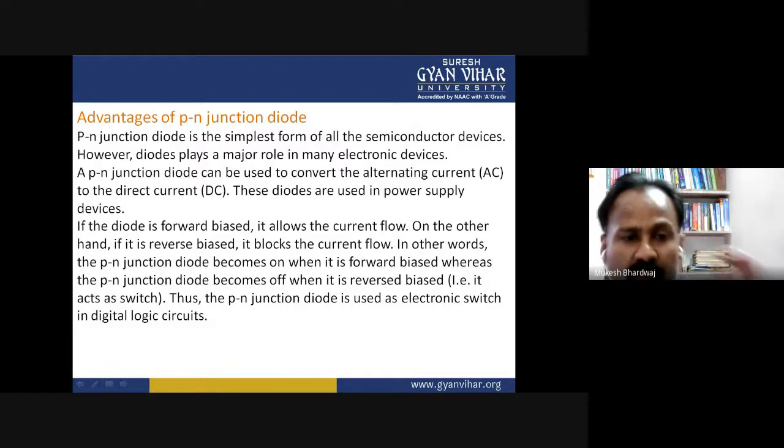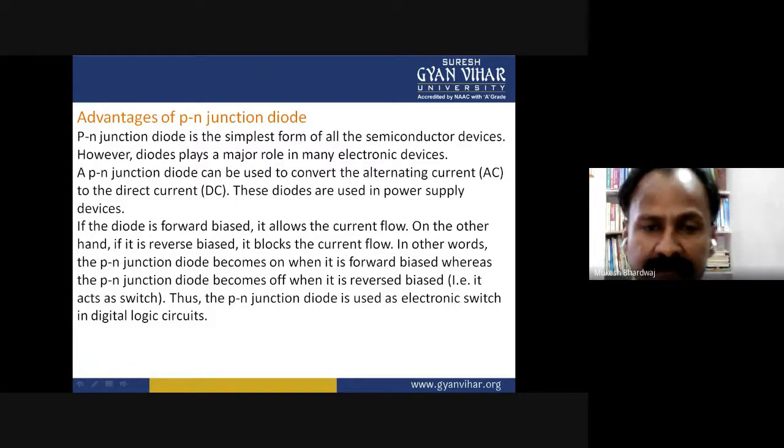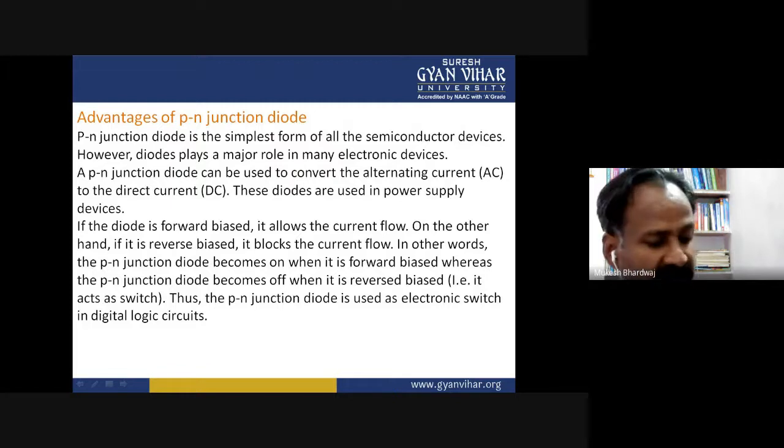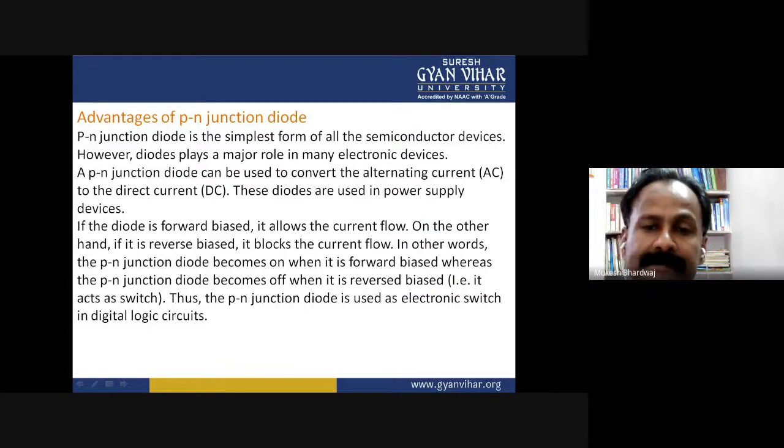From this onward, the diode created a revolutionary change in the digital era, because the electronic switch plays a vital role in digital logic circuits.